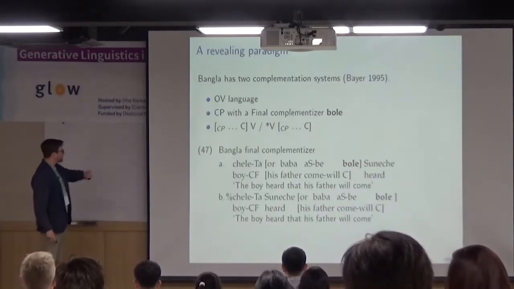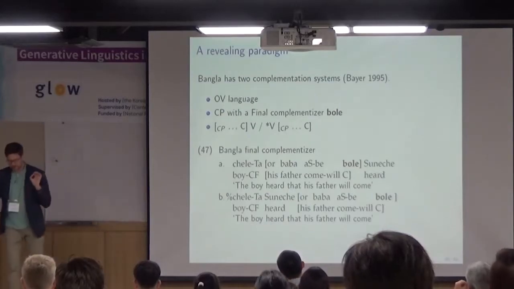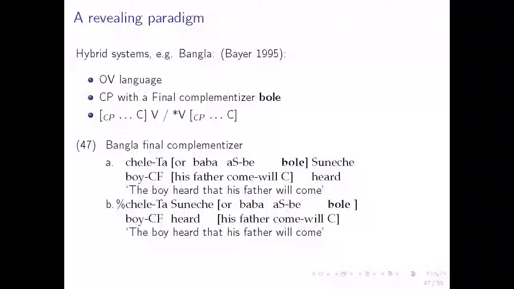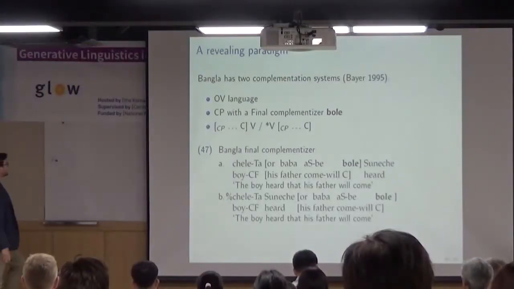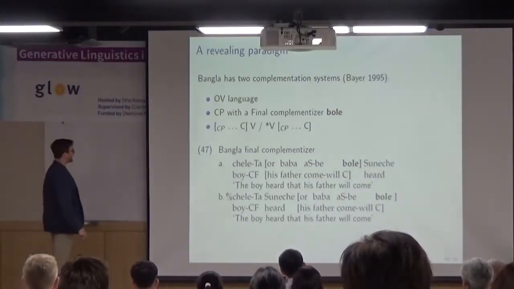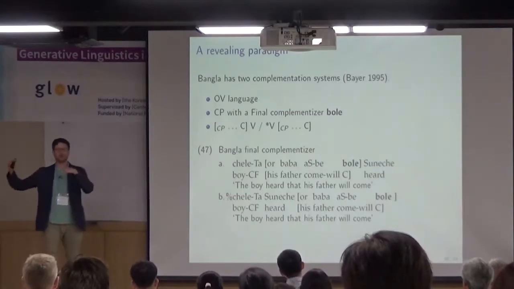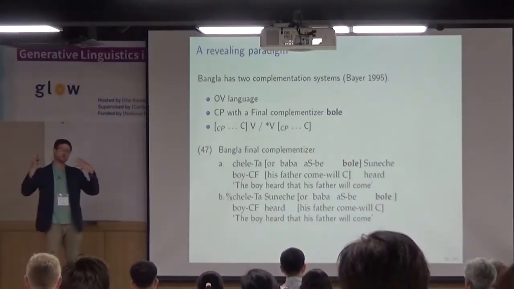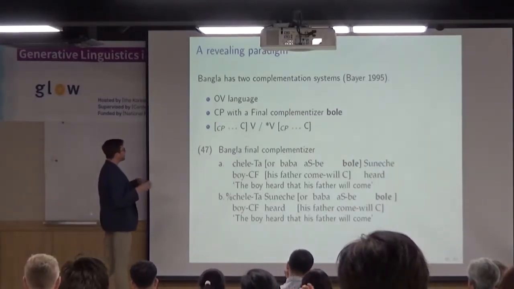In the last few minutes, last 10 minutes, I want to talk about a paradigm that was made famous and has been worked on a lot in Bangla. Bangla is an OV language, but it has a complementation system that's more native and one that's not.